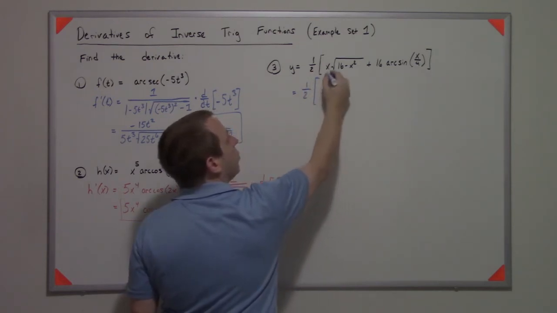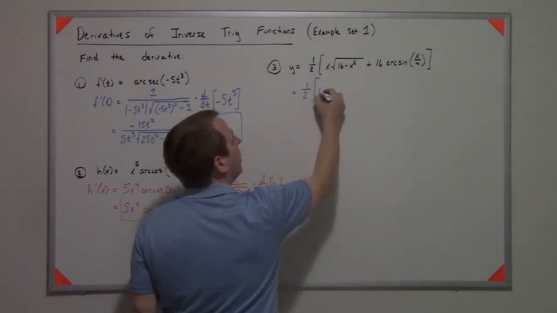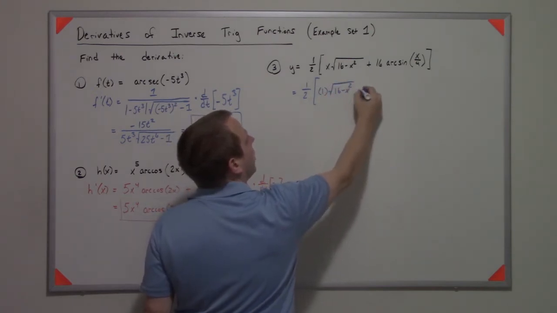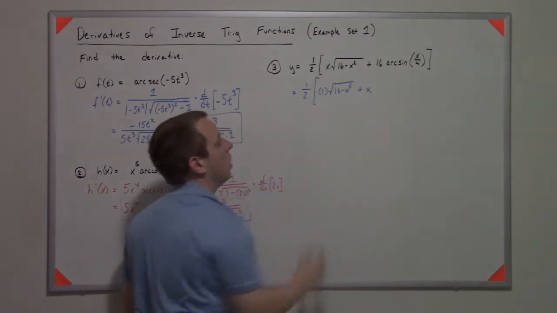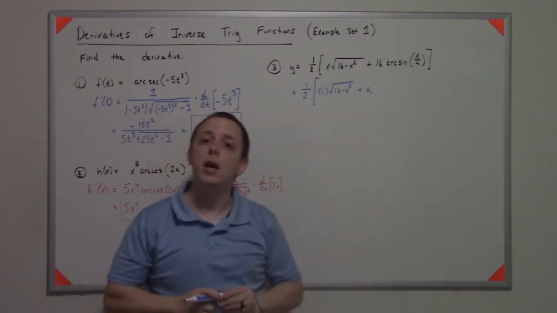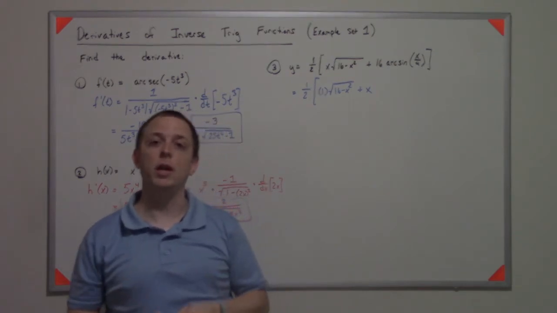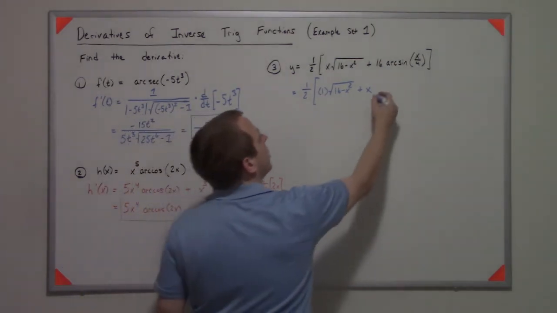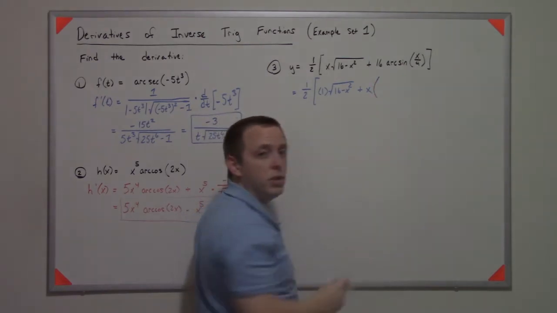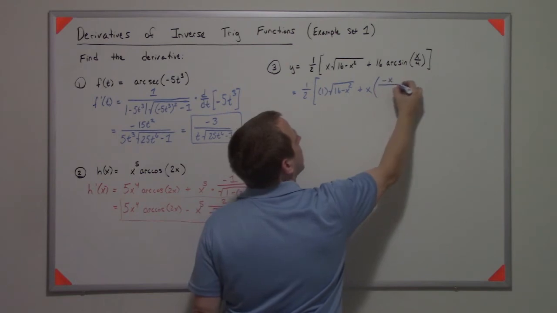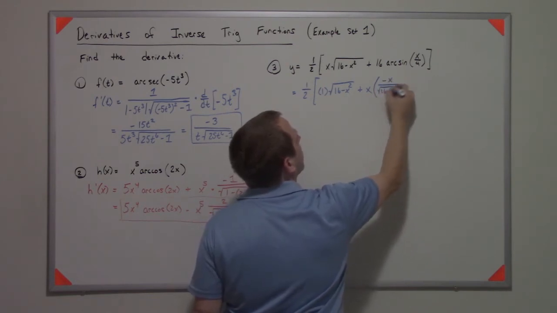So that is the derivative of x, which is just 1, times the square root of 16 minus x squared, and then we leave x alone and we take the derivative of the square root of 16 minus x squared. Hopefully you are familiar and comfortable enough with derivatives by now to recognize, or at least you can verify, that derivative will be negative x over the square root of 16 minus x squared.